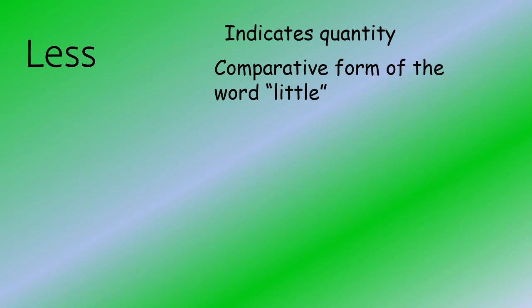Anyway, comparative forms help us to compare things. And less is the comparative form of little. Little, less, least. Little is the positive form, less is the comparative form, and least is the superlative form.